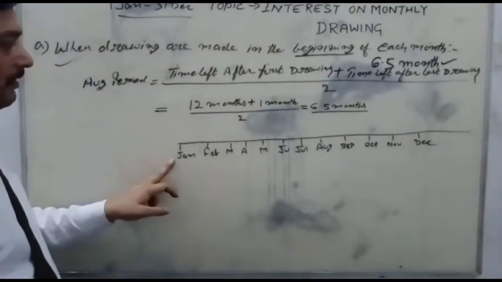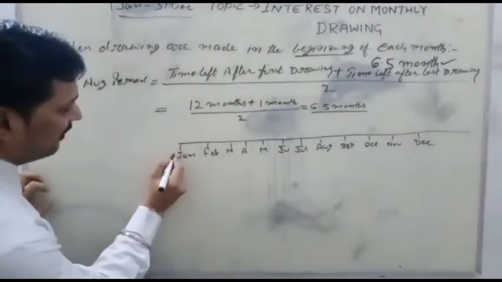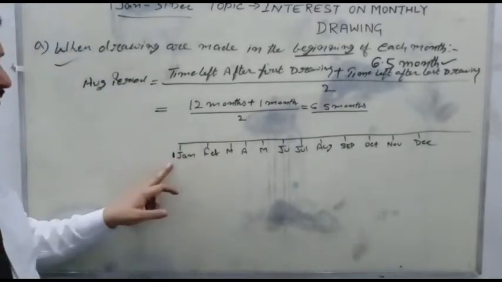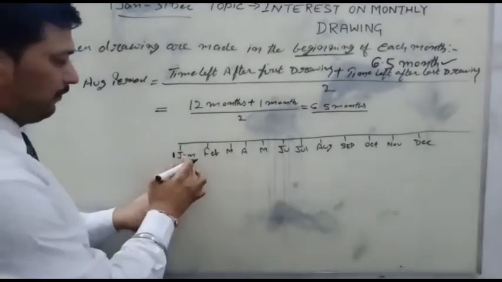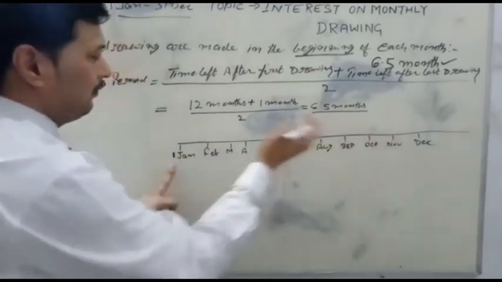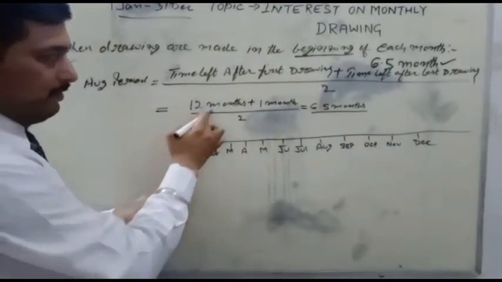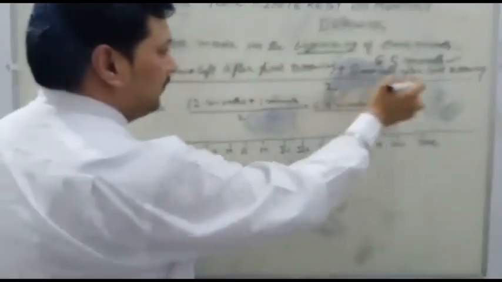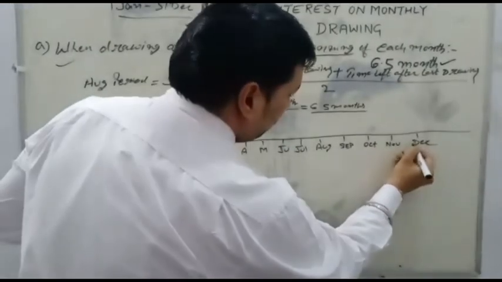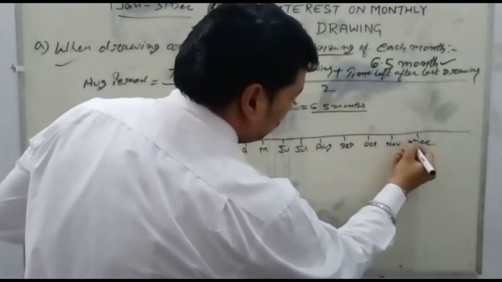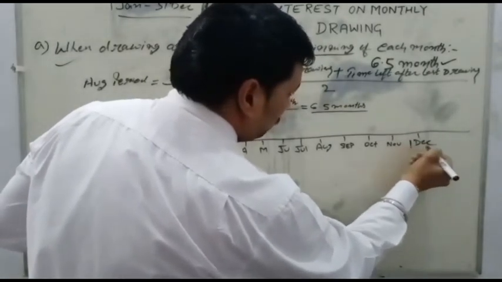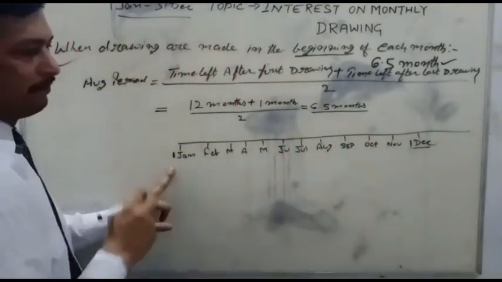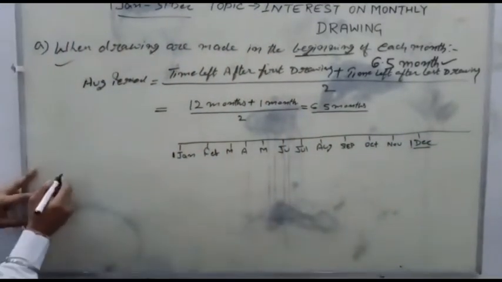So if the partner withdraws on the 1st Jan, the beginning of each month, then the total months remaining from 1st Jan to 31st December is 12 months. That is the first drawing. Then the last drawing is withdrawn at the beginning of the month, 1st December to 31st December, so 1 month remains. Understood?